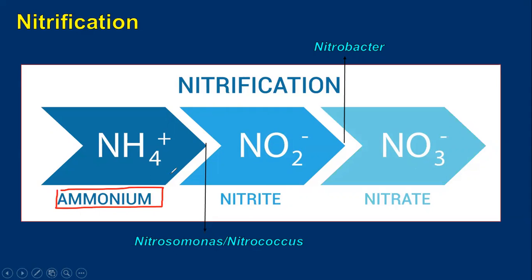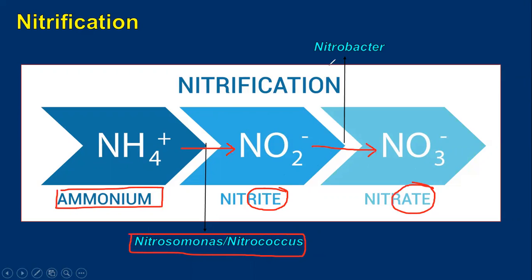So ammonium ion is converted into nitrite, NO2 minus, by bacteria such as Nitrosomonas or Nitrococcus. Very, very important: Nitrosomonas or Nitrococcus bacteria. Nitrite is converted into nitrate with the help of the bacteria Nitrobacter.